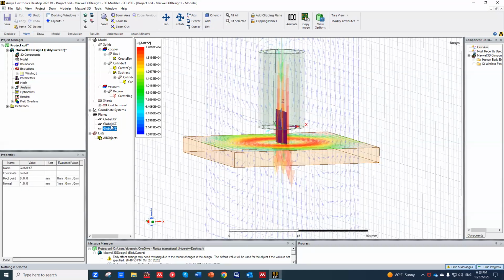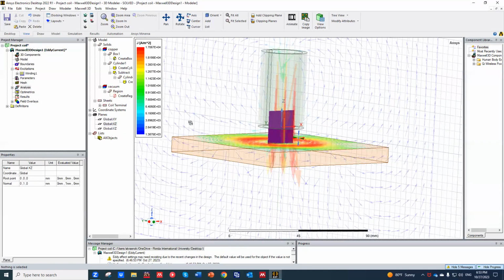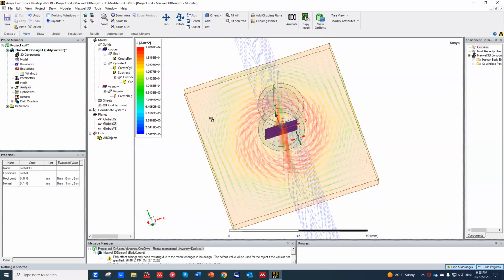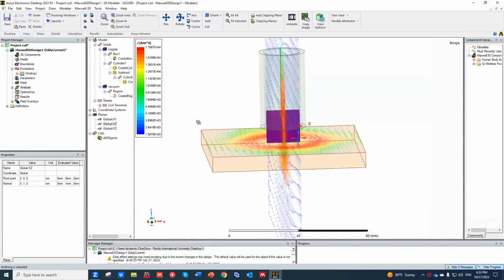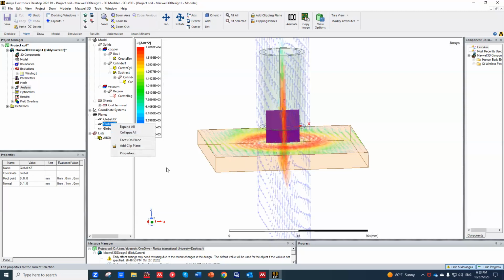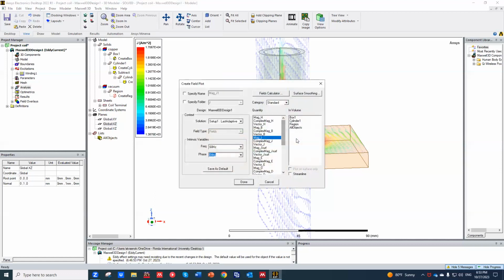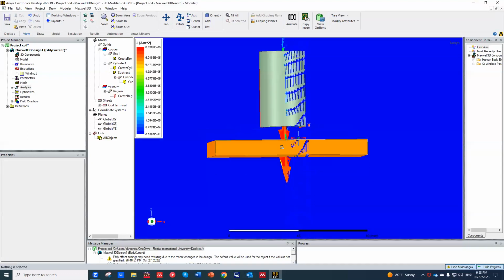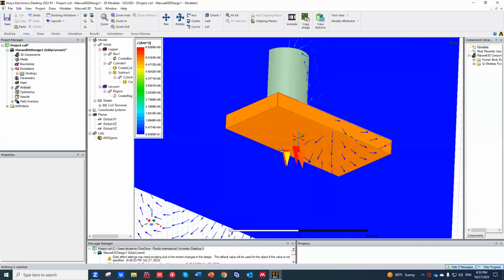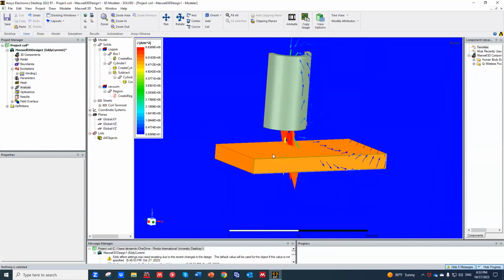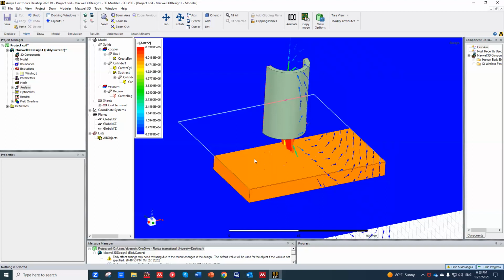In order to test that, I select the orthogonal plane, okay, and in this orthogonal plane, I go to the current and the magnitude of this current in this plane. So I see nothing here because this metallic slab is not transparent.